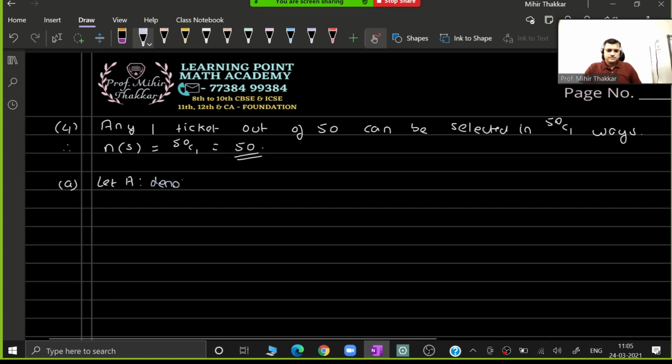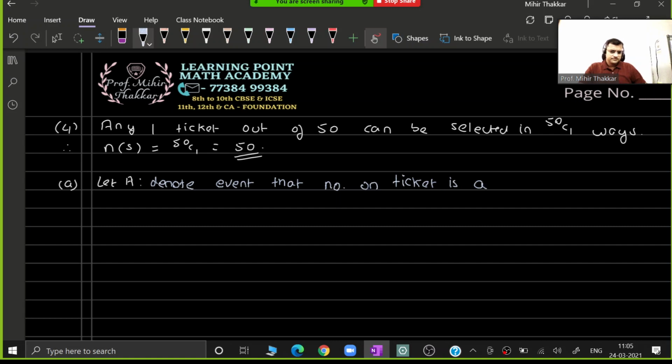Let A denote the event that the number on the ticket is a perfect square.